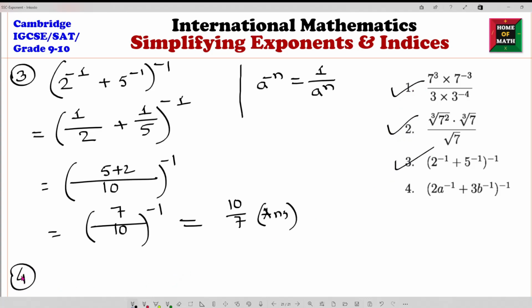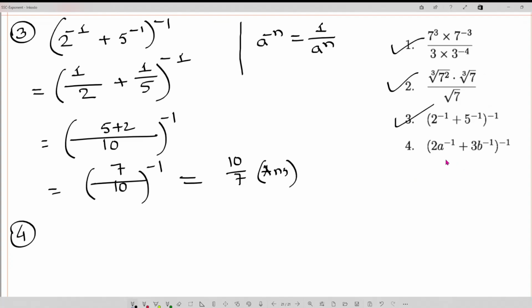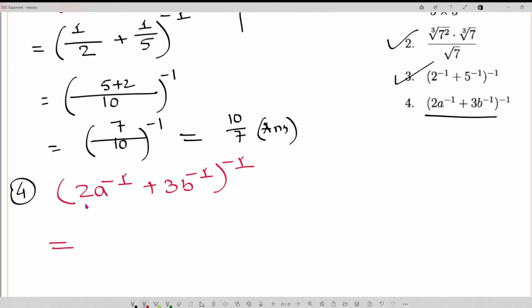And today's last part, number 4, we will try to solve now. Look, inside the bracket here is 2a to the power minus 1 plus 3b to the power minus 1, and to the power minus 1. This is also a negative exponent. So this one we can write as 2 by a plus 3 by b, due to the negative exponent, to the power minus 1.